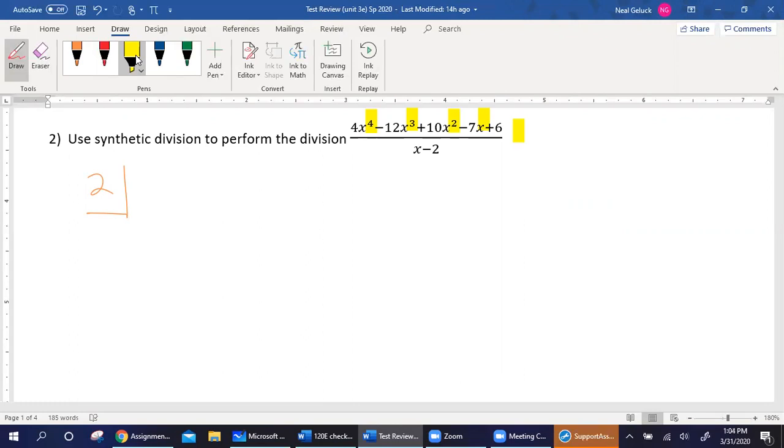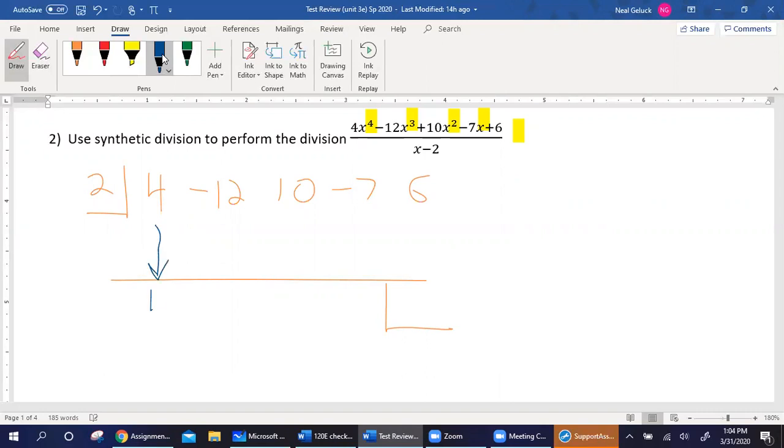There's no placeholders needed. So I'm just going to list my coefficients: 4, -12, 10, -7, and my constant 6. And remember, I start off by dropping down the first number. So that's going to be a 4. And then I'm going to multiply the divisor 2 by the 4.